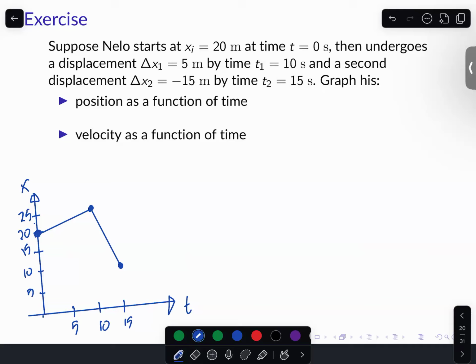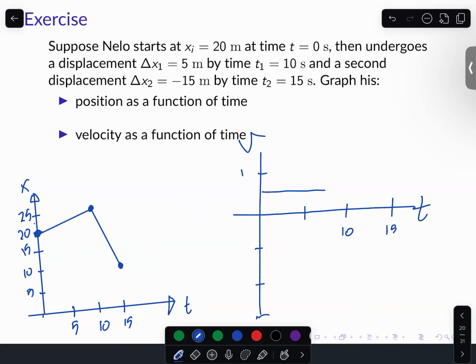Okay? Okay, now let's make a graph where the values of the graph as a function of time are the slopes of the other graph. What's the slope for the first 10 seconds? 0.5. Bam!